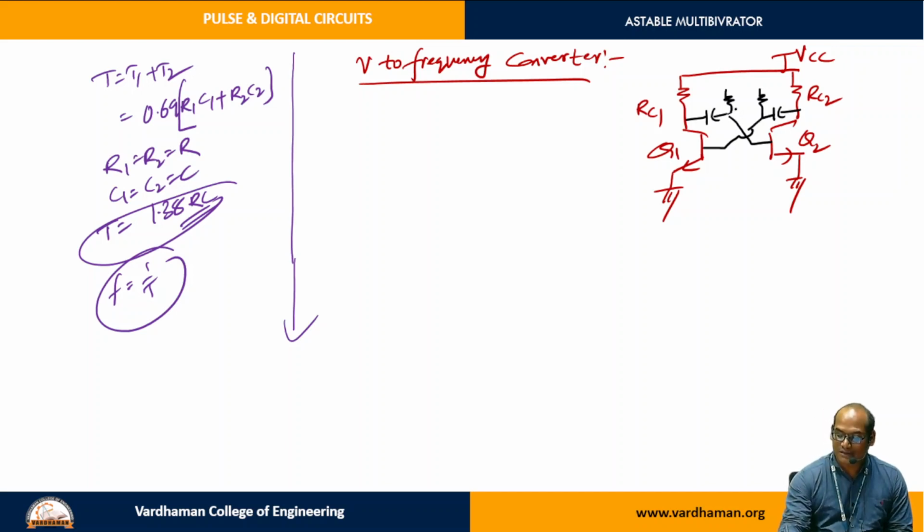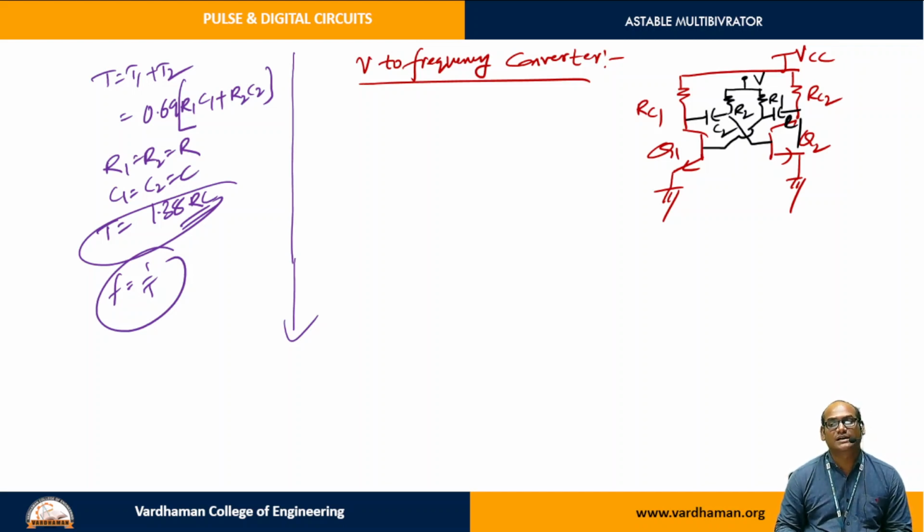So this is called R2C2 and this is R1, this is C1, because connected to the base. Now these R1, R2 are not connected to the same supply VCC. These are connected to a different DC supply, capital V. This is the change we have made compared to the previous original astable multivibrator.